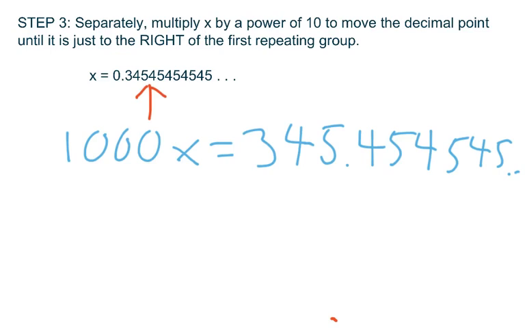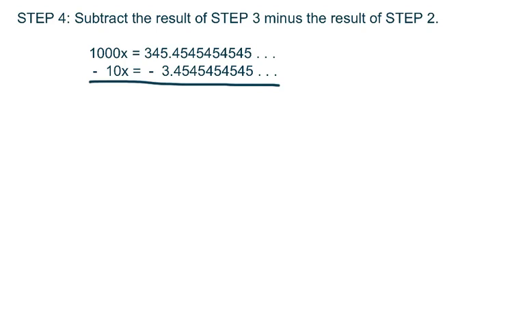All right, let's see what step 4 says. Subtract the results of step 3 minus the results of step 2. So the top row is what we got at the end of step 3. 1000x is 345.4545454545, etc. The second row is what we got from step 2, which was 10x, and that was 3.45454545. Now notice that if you follow step 2 and 3 correctly, everything to the right of the decimal place is going to line up.